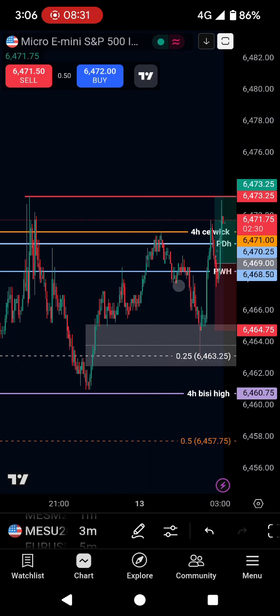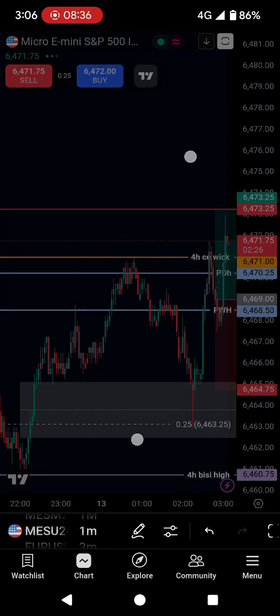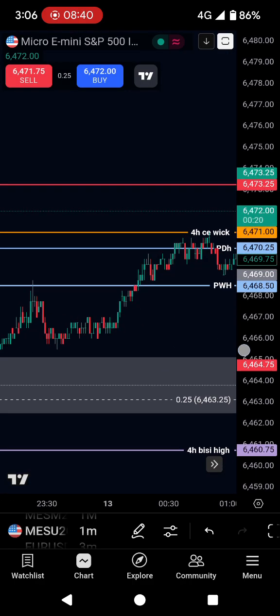Okay, nothing important about the opening range, like midnight opening range. But yes, let's draw the midnight opening price.